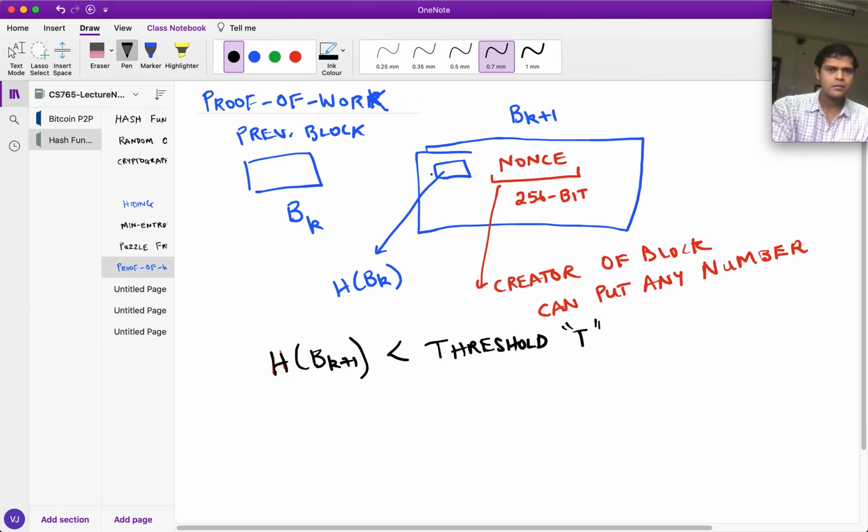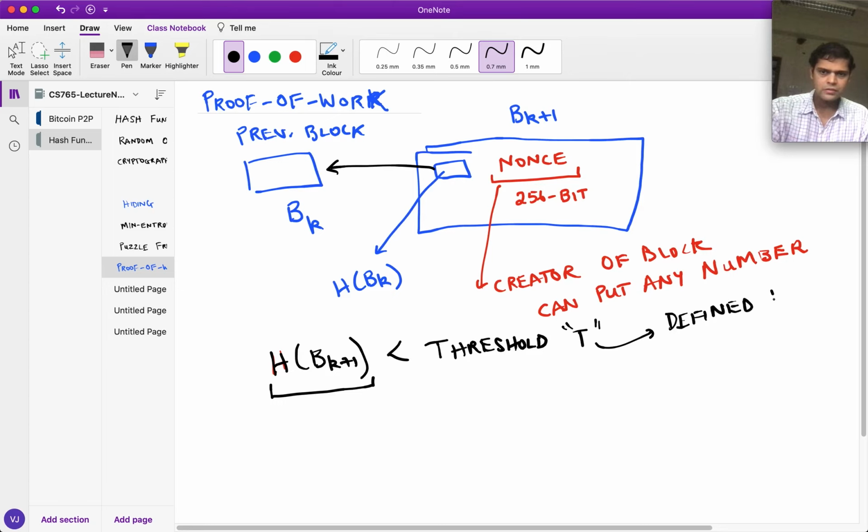So this is the pointer to the previous block. So how does he do this? For the block to be a valid block in Bitcoin, the hash of the block should be less than some threshold t, and t is defined by the protocol. We'll see later on in the course how t is defined. So the value is defined by protocol rules, by the Bitcoin rules, you can say.